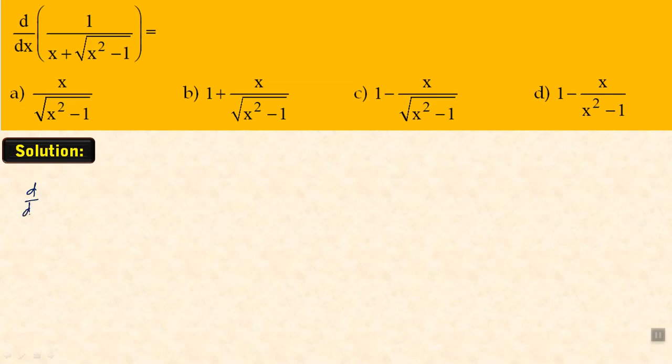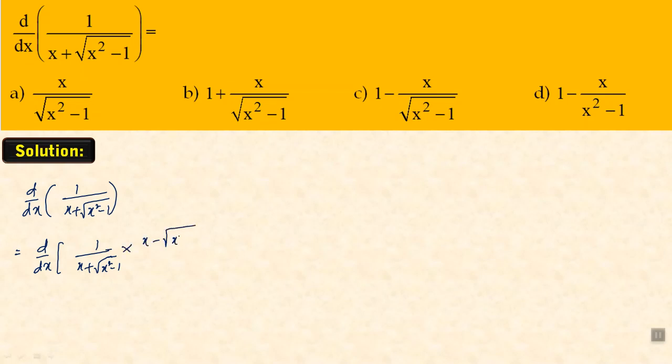d by dx of 1 by x plus root of x square minus 1 is equals to d by dx of 1 by x plus root of x square minus 1. Here rationalize this into x minus square root of x square minus 1 divided by x minus square root of x square minus 1.